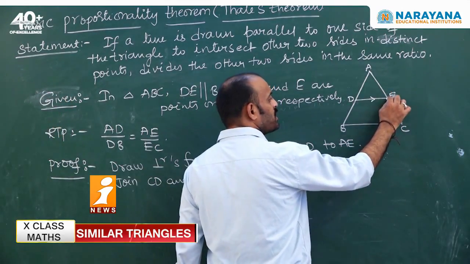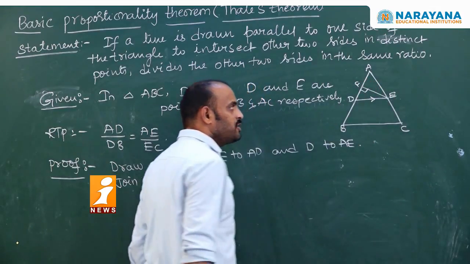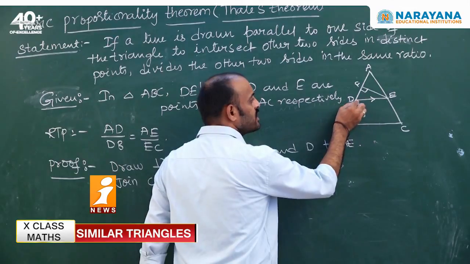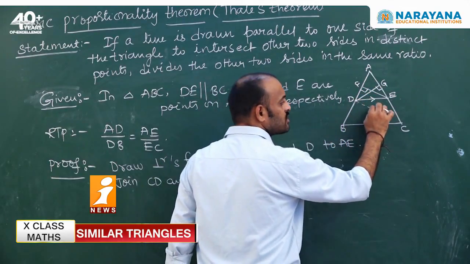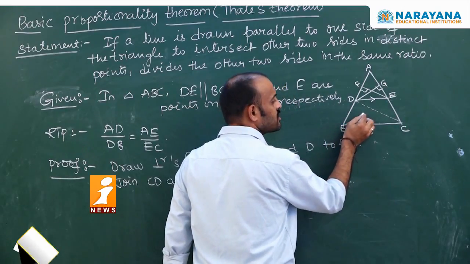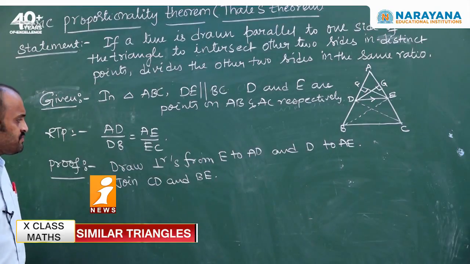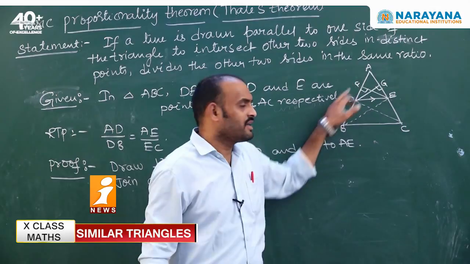I am going to draw a perpendicular from E to AD, first thing. Next, draw a perpendicular from D to AE. Join CD, join BE. Now, I am going to find the area of triangle ADE.